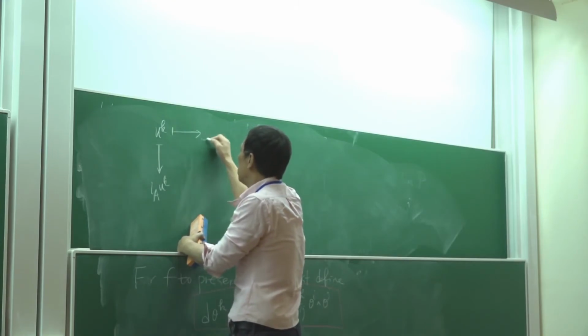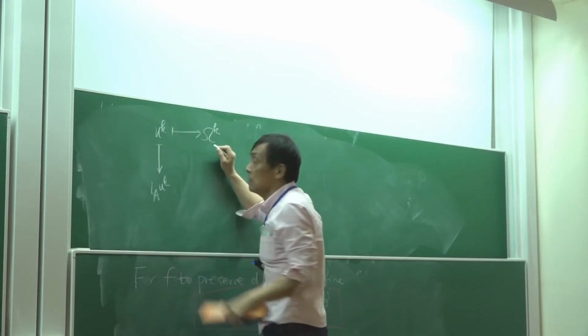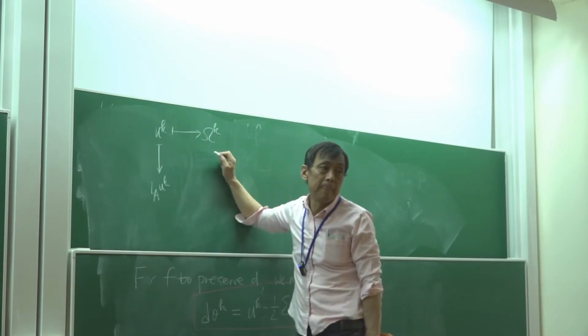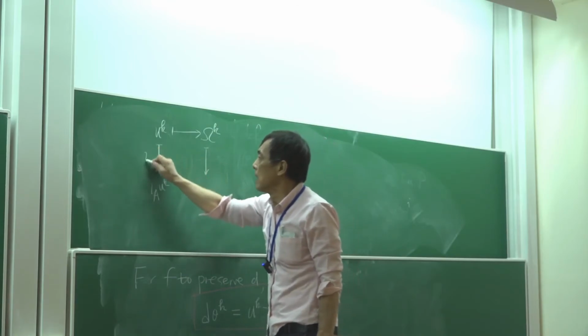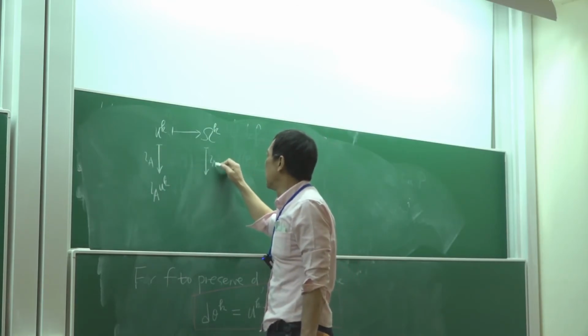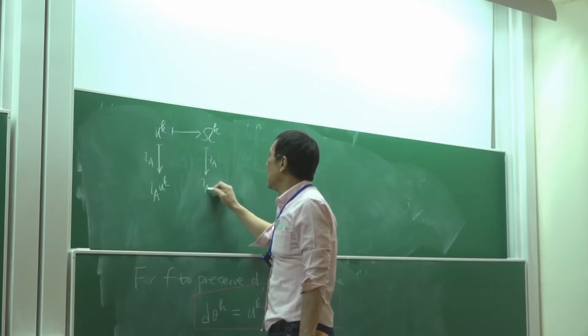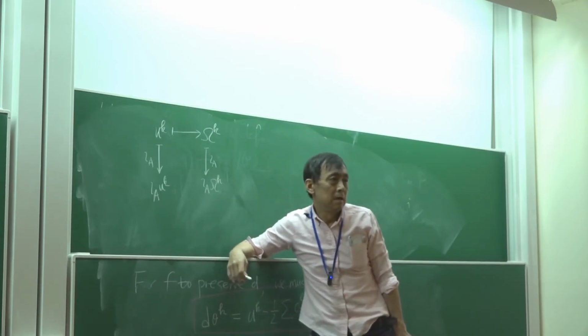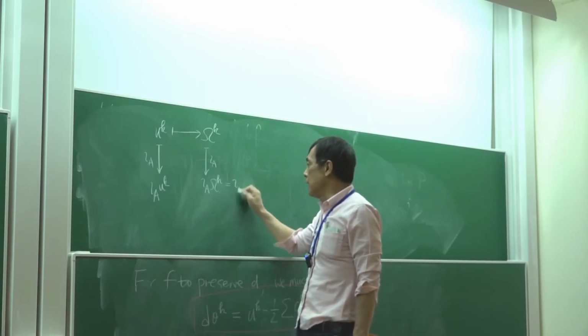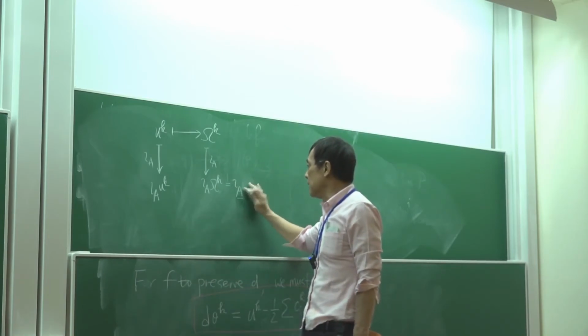So UK goes to omega k, the curvature. And IA of omega k is IA bar of omega k.